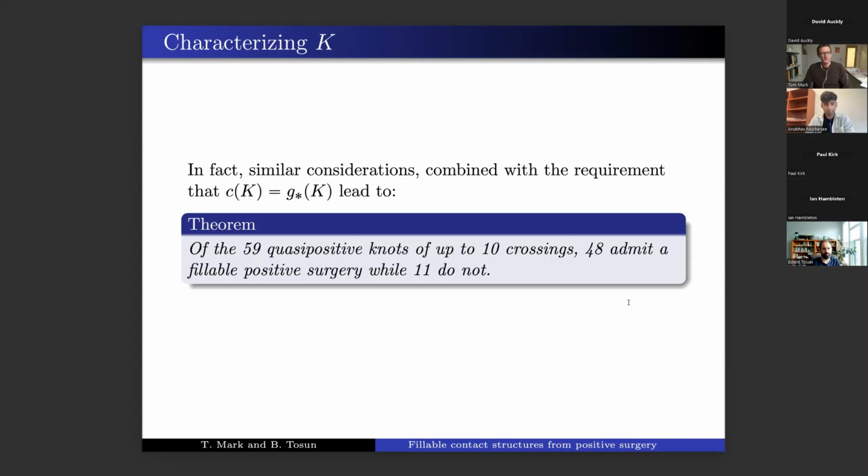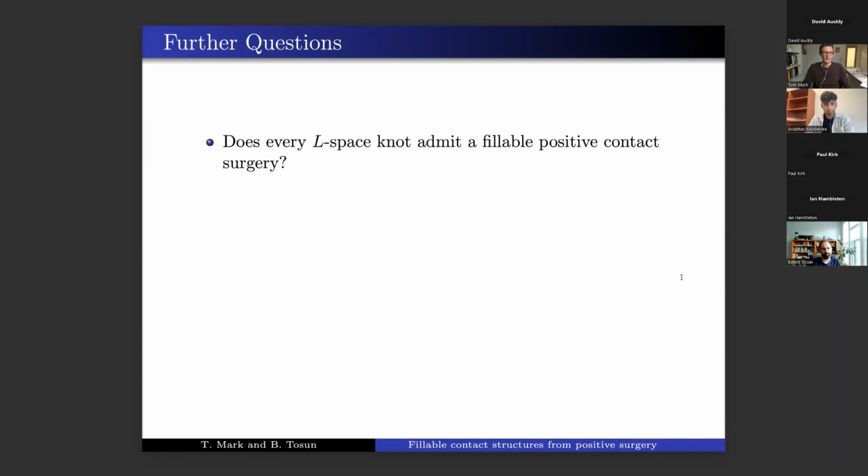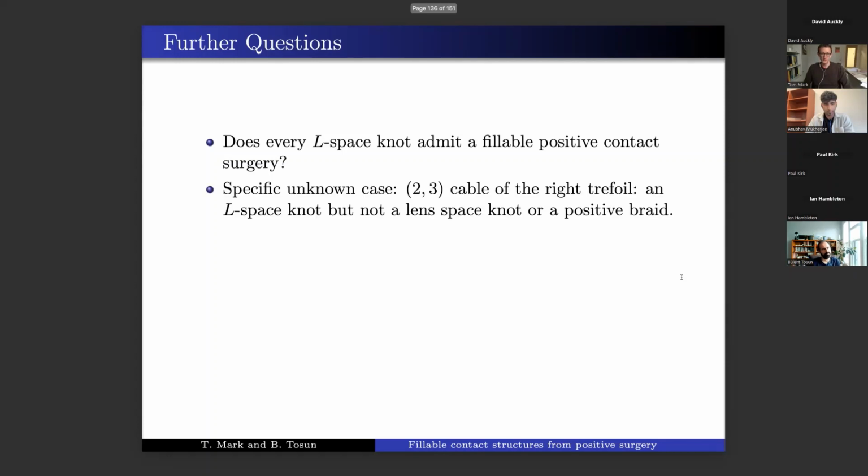I don't know if you should consider that to be surprising or not. I mean, once you say quasi-positive, you're sort of close, but I don't know. There it is. So there are some additional questions we can think about. I already mentioned one, which is whether an L-space knot always has a fillable positive contact surgery. For example, here's a particular case.